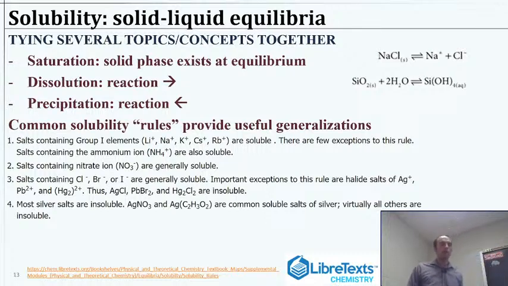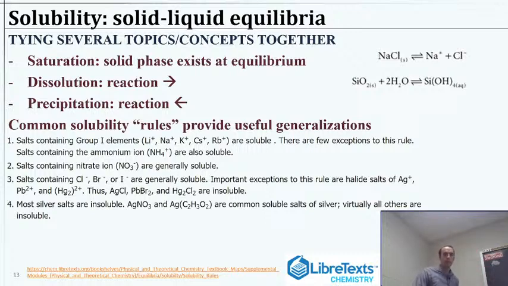Okay, so we have a few common rules for solubility that I found were pretty useful. They're good generalizations. Again, nice bit of content from this website, LibreTexts, the chemistry articles. So salts containing group 1 elements, that's our first column on the periodic table.